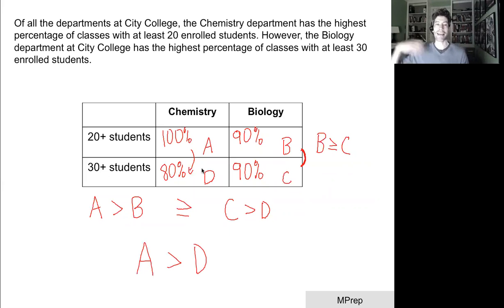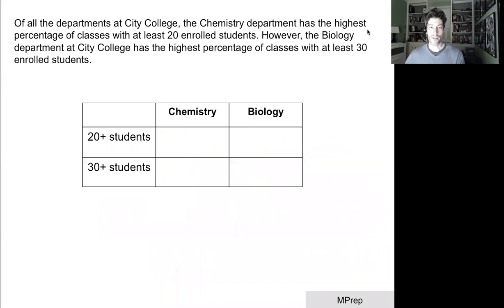Some of them didn't make the next cut. So if you only had 5 chemistry classes, all 5 of them have 20 or more students, only 4 of them have 30 or more students. That means one of those classes was left in the 20s.